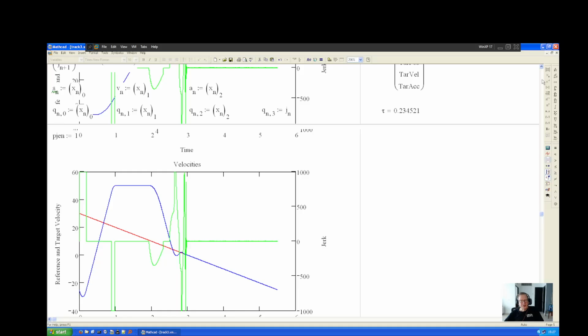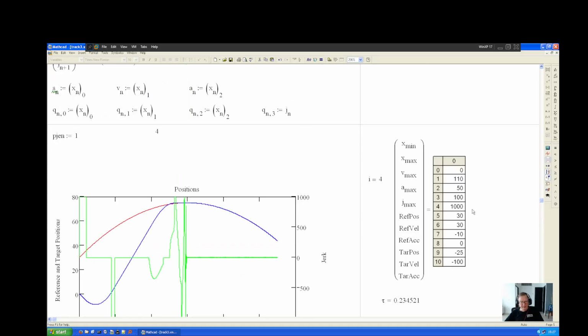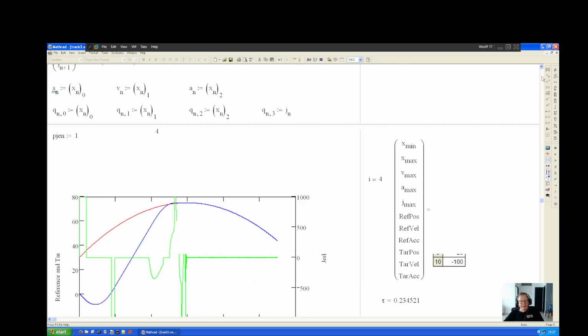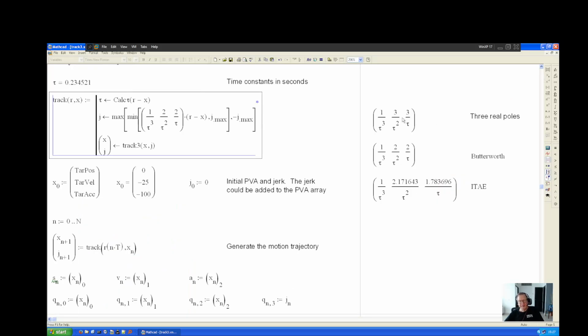Now, a good option, and a little bit faster than just using the 3 real poles, is using integrated time absolute error coefficients. I have a video on integrated time absolute error, but basically it's a time-weighted error between the reference and the target.